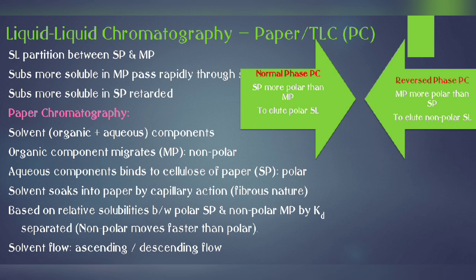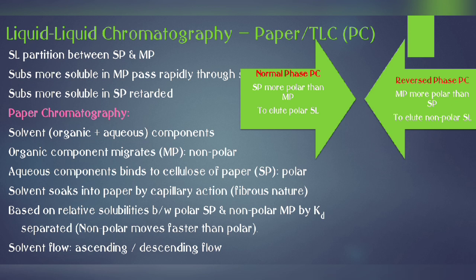Then, based on relative solubility between the stationary phase and the mobile phase, the molecules are distributed. The solvent flow can be either ascending or descending. Planar chromatography can be classified into two types: normal phase or reversed phase.